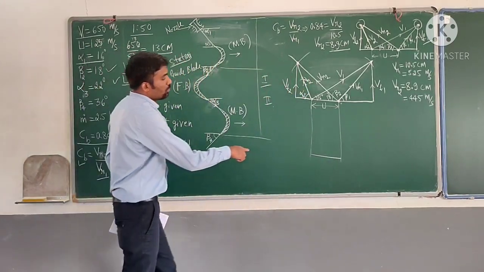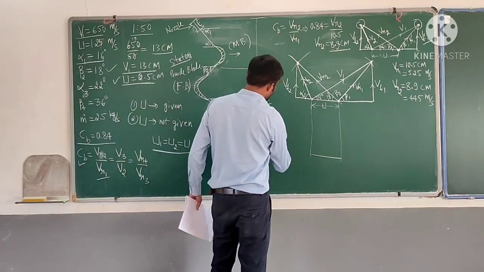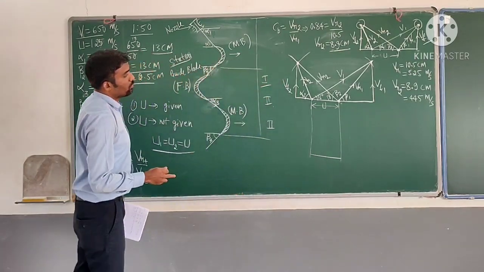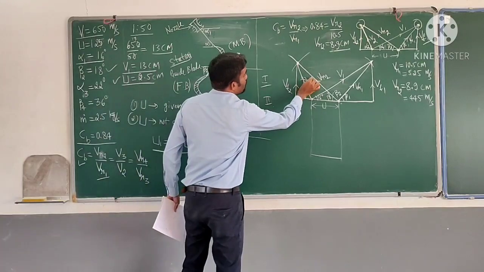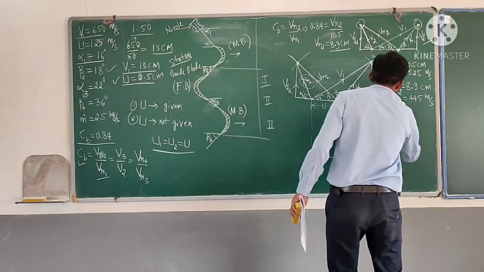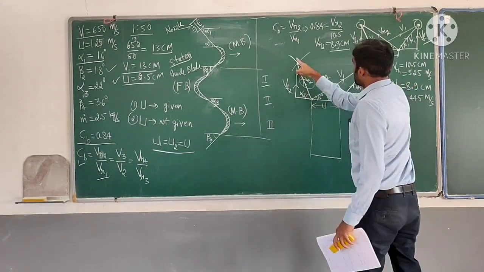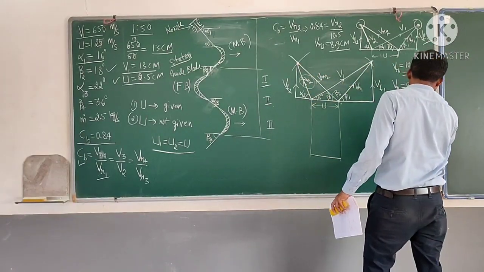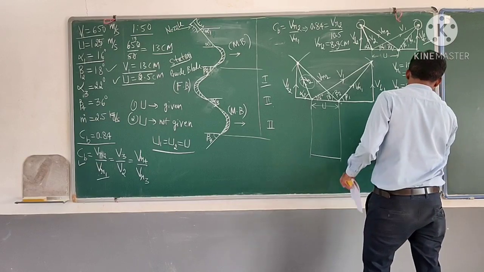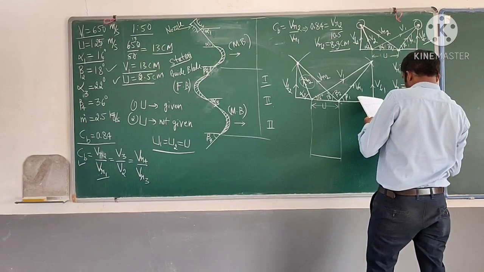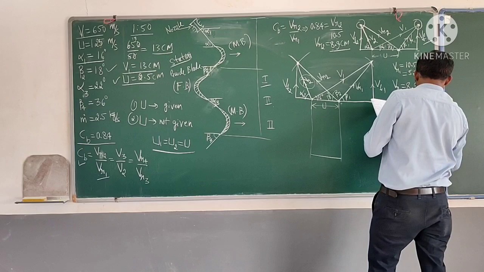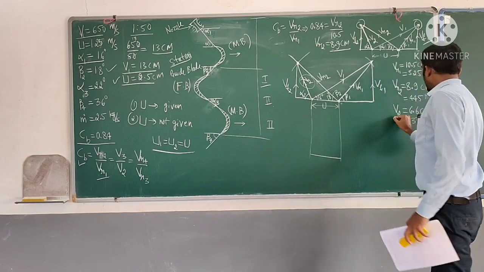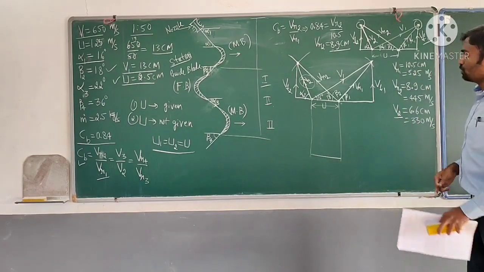Okay. So with respect to the second stage inlet, what parameters do I know? I can measure this and write down the data V2. It is already measured, around 6.6 centimeters. In meters per second, it is 330. So we know this V2.